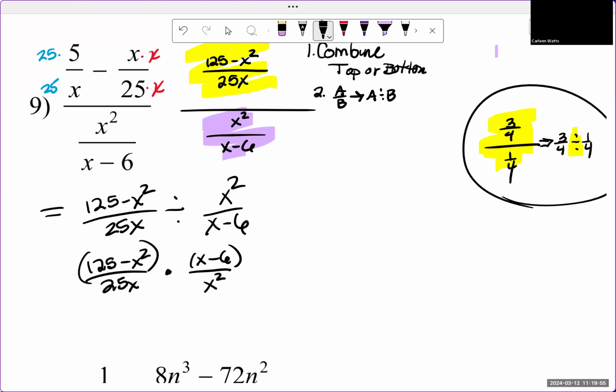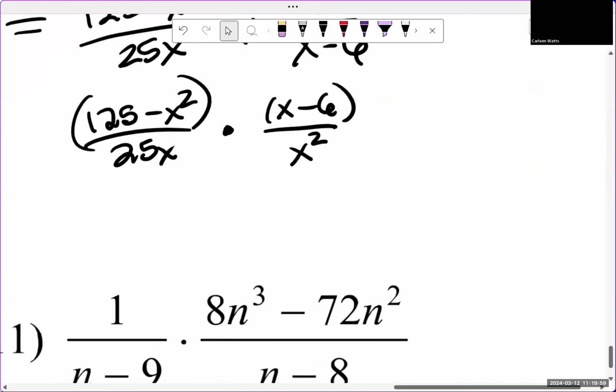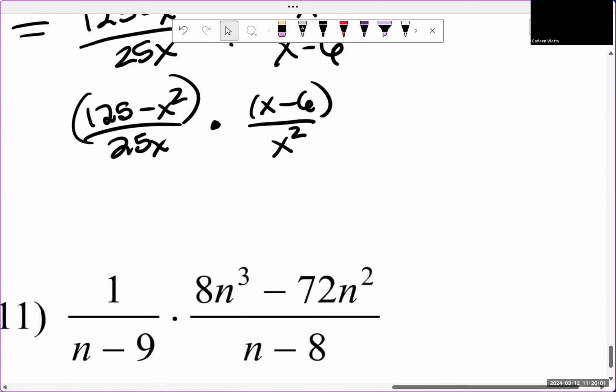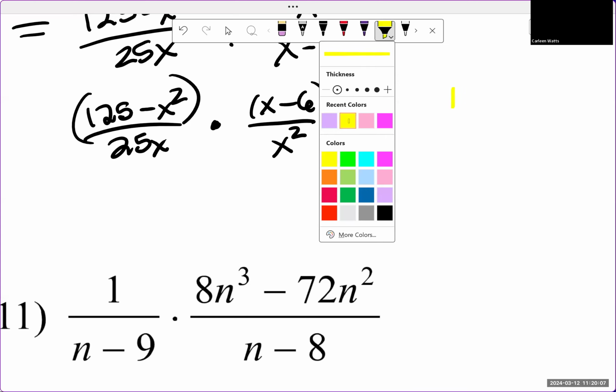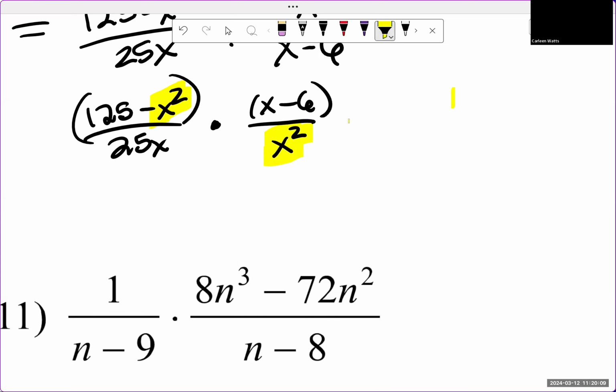Okay, now, is there anything I can cancel? Can I cancel this? No, because the top one is a BFF couple with the 125 because they're separated by a minus.